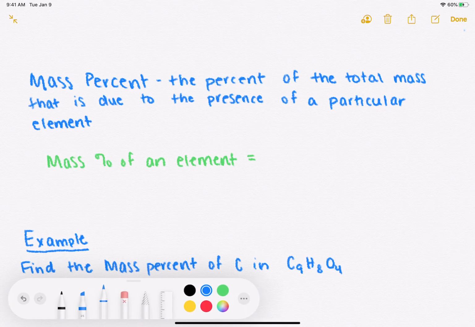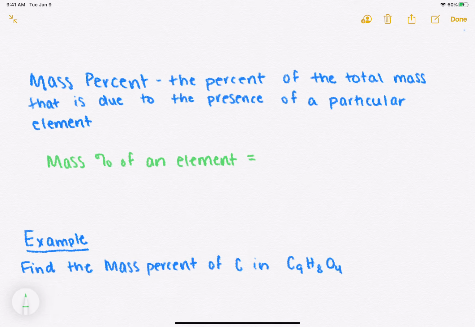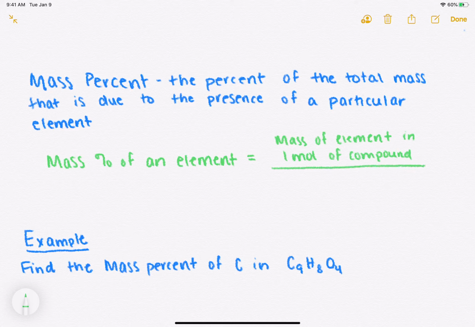So what that means is that the mass percent of an element is the mass of the element in 1 mole of compound divided by the mass of 1 mole of that compound.